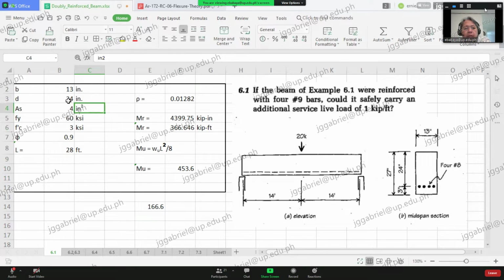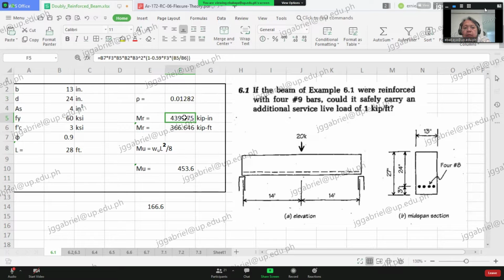Now, d is 24 inches. Saan natin nakuha yung 24 inches? In here, the center line of the reinforcing bars. And then your b is 13 inches from the drawing. Now, we use the same rho, which is 0.01282.